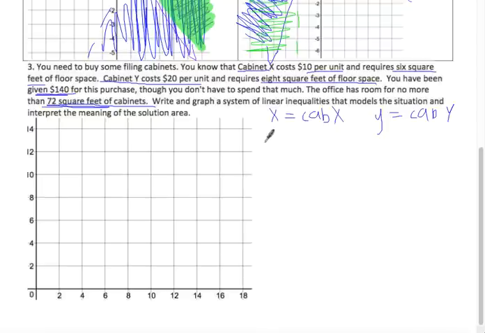So our cost has to be less than or equal to 140. And we know the cost of each cabinet, so that means 10x plus 20y has to be less than or equal to 140.